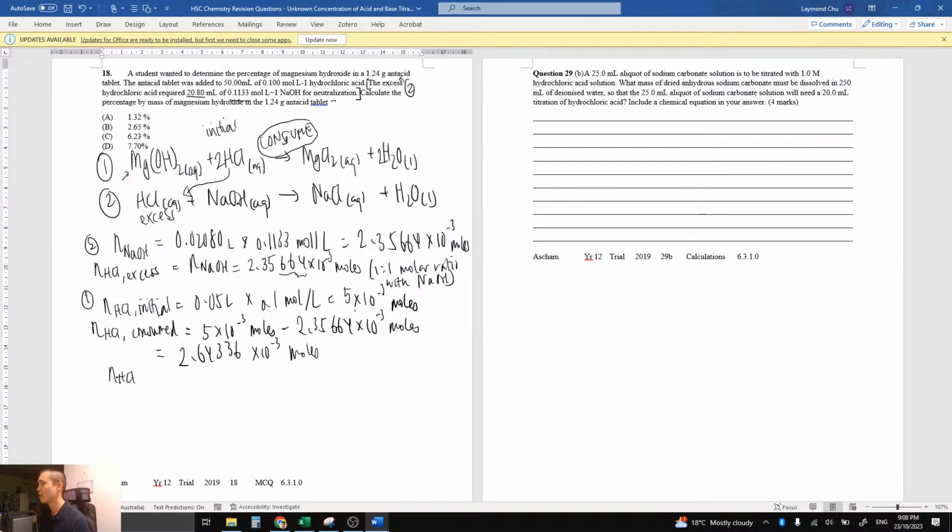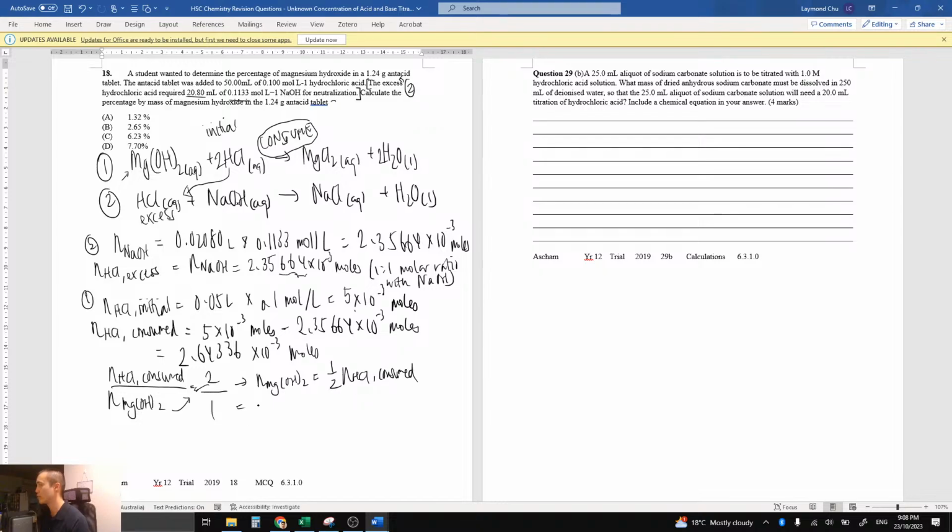So I say moles of HCl consumed over moles of Mg(OH)2 is, what are the coefficients of this reaction? Based on the coefficients, I write the coefficient of the HCl over the coefficient of Mg. So in order to find Mg, I can move that upwards and I can move the 2 downwards. What does that mean? The moles of Mg(OH)2 is equal to half of the moles of HCl consumed.